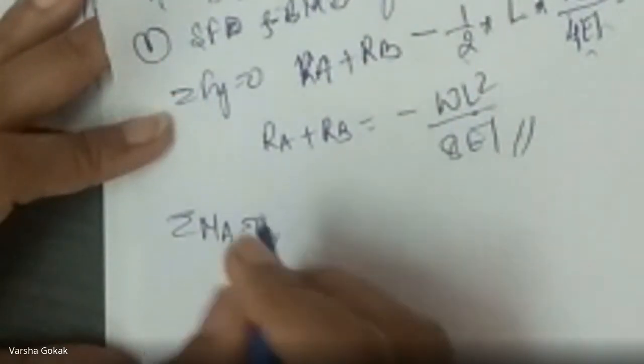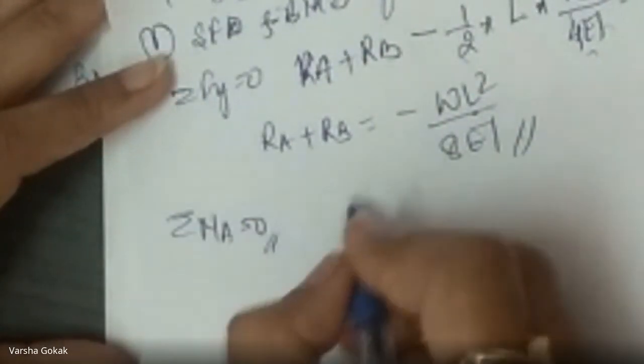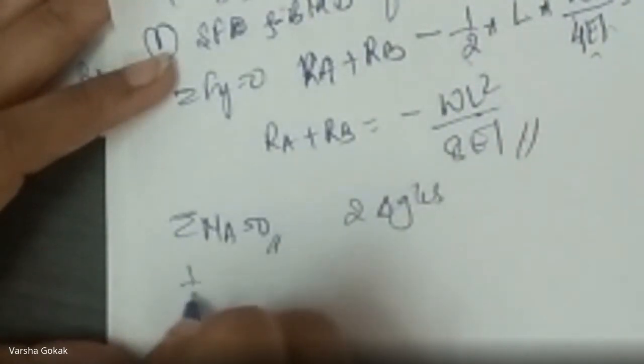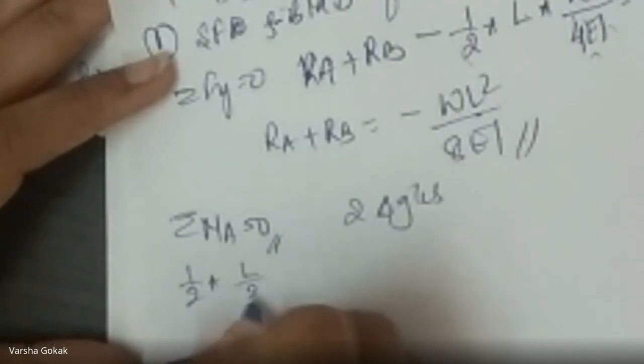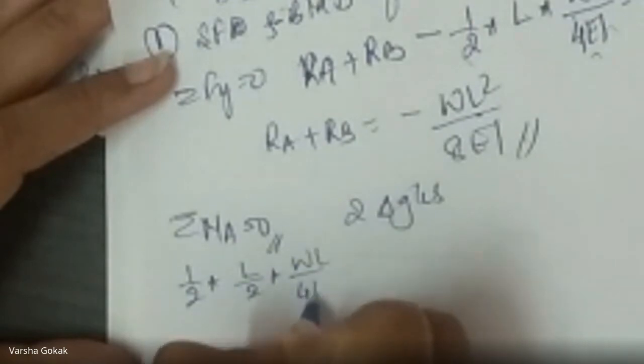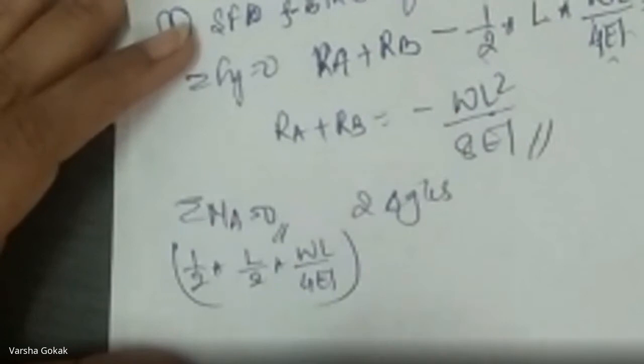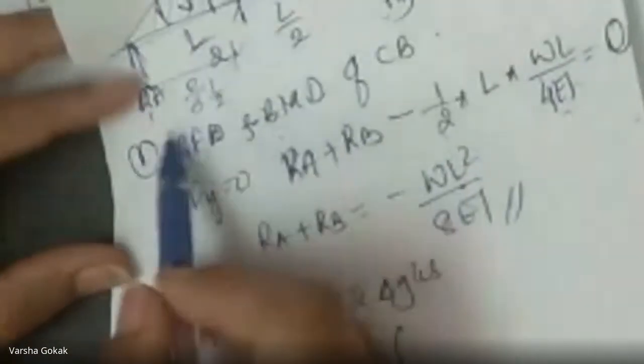So when I'm taking moment at A, first triangle I'll take. Two triangles are there. So first triangle is half base into WL by 4EI. Half base into height gives me the load. Where it is acting, the CG of this point is what? 2/3 of L by 2.